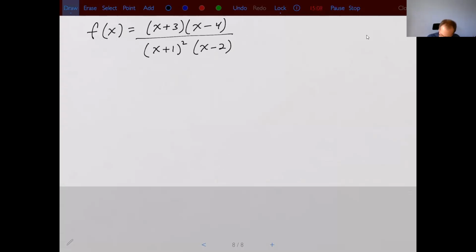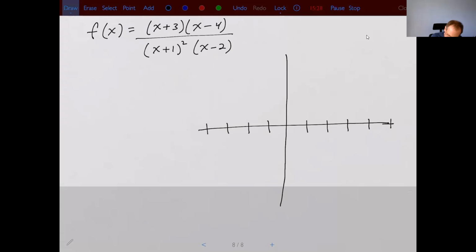Okay, so here is my Cartesian coordinate system. I need to go a little higher here.